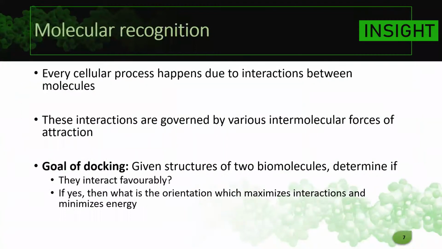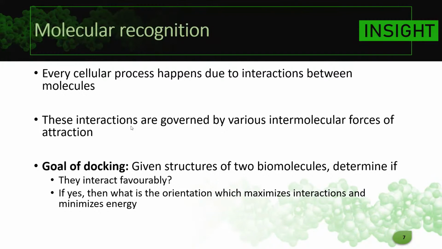Molecular docking is a kind of alternate way of identifying whether the given two molecules interact with each other or not. These can be a variety of different types of molecules, but mostly it is used to understand the interaction between biological macromolecules and small molecular ligands or other biomolecules. That is the main domain in which this technique was developed.